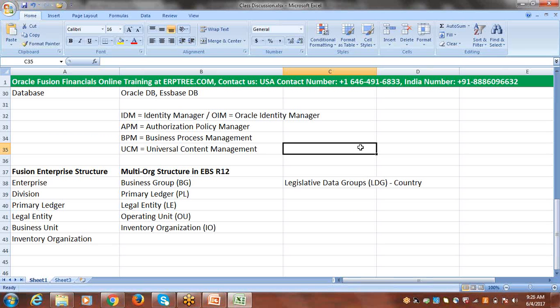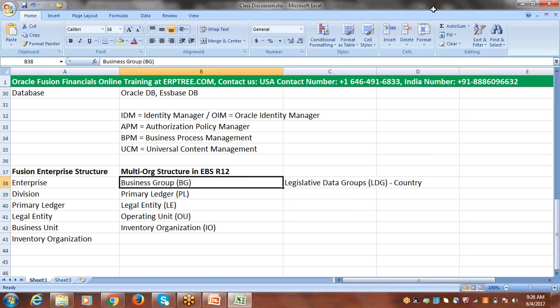It is not a part of our finance related configuration, but when you are going to create the user who will be used for finance purposes, it's mandatory that you define the legislative data group, and that has to be mapped with a legal entity. The legal entity needs to be mapped with your user, and only then is the user definition possible in Fusion. I'll take you through how to define the legislative data group at that time. If you want to understand more, definitely we can look into that. Okay, thank you.